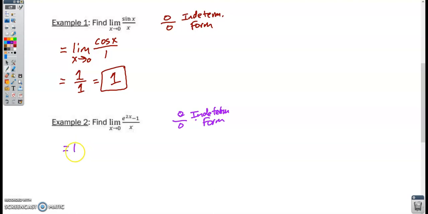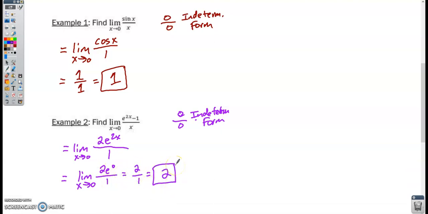And this is going to be equal to the limit as x goes to 0. And now I'm just going to take the derivative of the numerator. The derivative of e to the 2x minus 1 is 2e to the 2x. And the derivative of the denominator is 1. And then I'm going to find this limit via substitution. And it becomes 2e to the 0 over 1, which is just 2 over 1, or 2. And so our limit in example 2 is just 2.